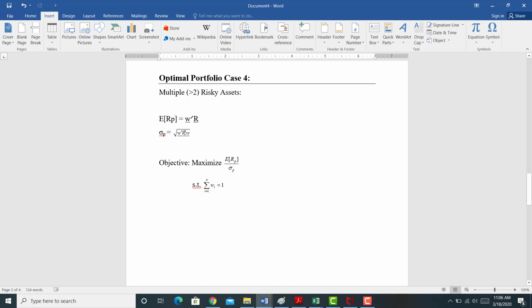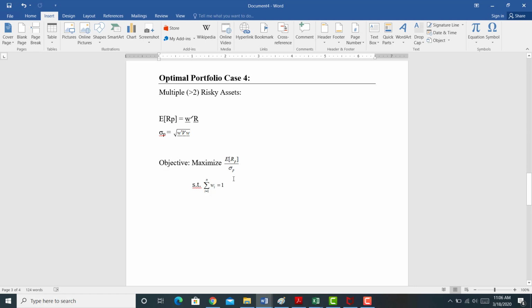I then multiply this again by the weight vector, an n by 1 vector. So 1 by n times n by n gives me a 1 by n, and then multiplying that by an n by 1 gives a 1 by 1 solution. I take the square root of that solution and I get the standard deviation of the portfolio.